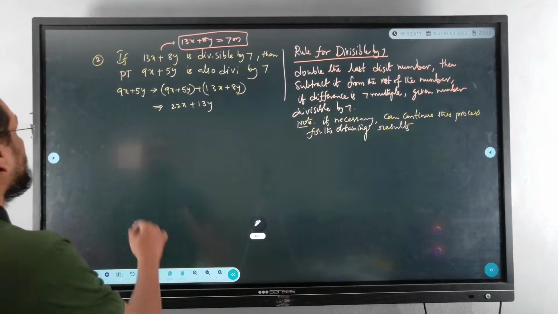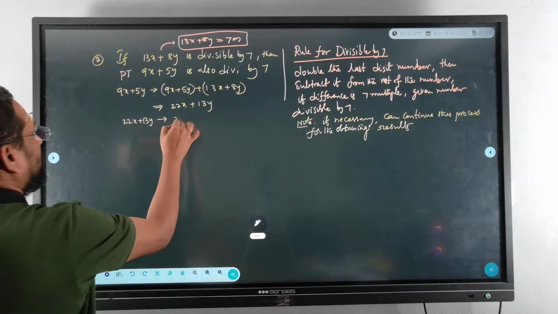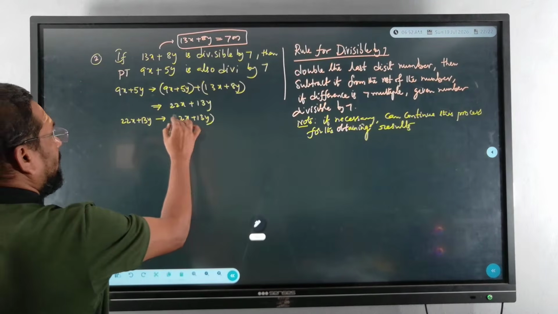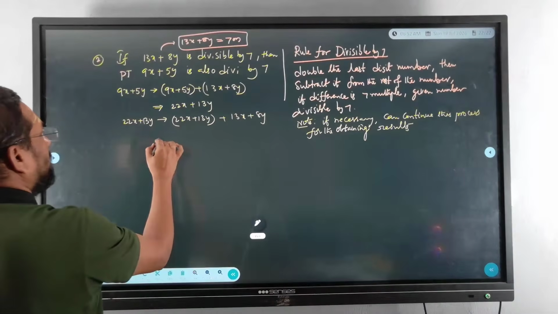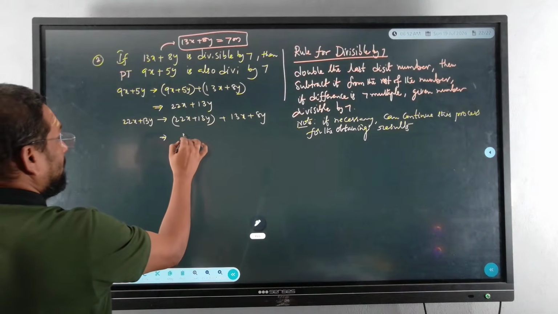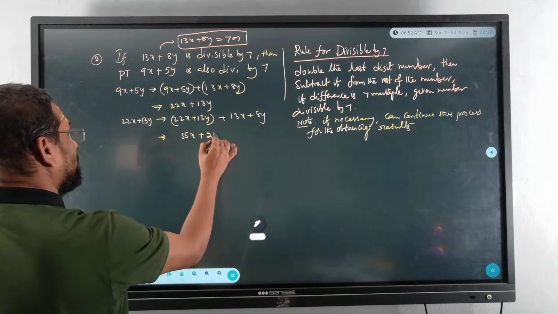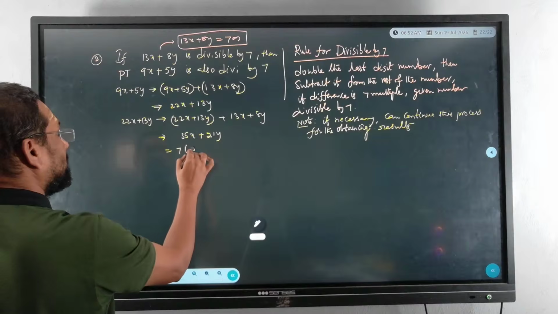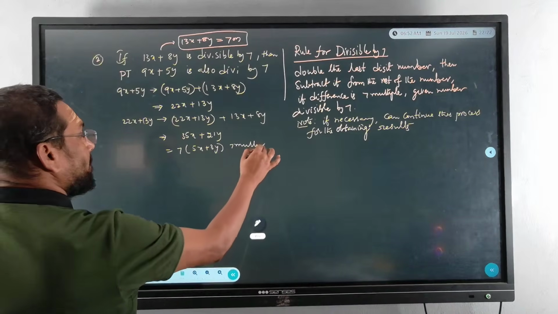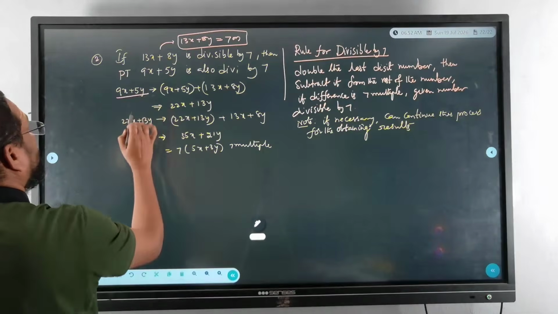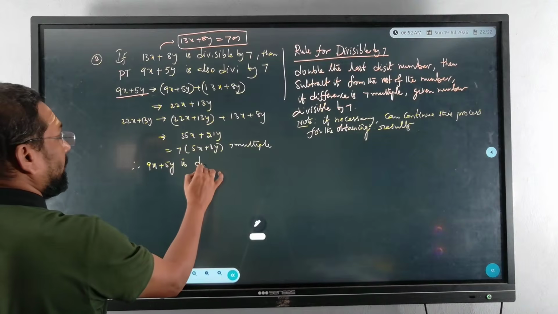Again, 22x plus 13y is to be added to 13x plus 8y. What will we get here? 22 plus 13, 35x plus 13 plus 8, 21y. This is 7 times 5x plus 3y. So it is a 7 multiple. So therefore, where we started, 9x plus 5y is divisible by 7.